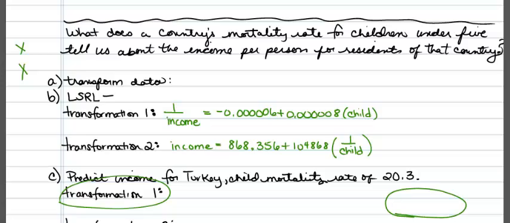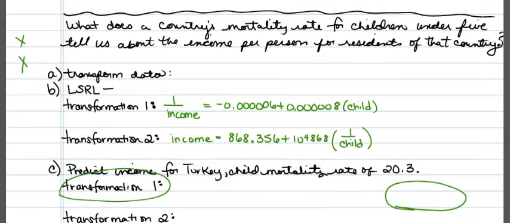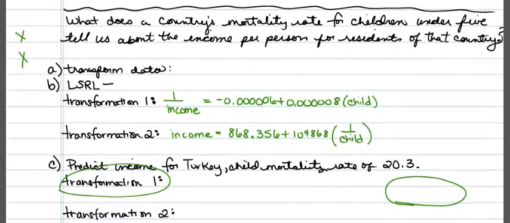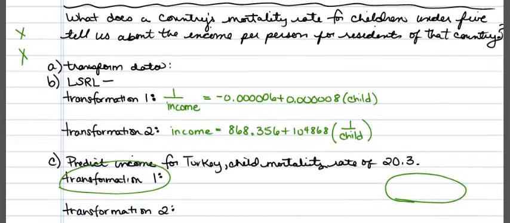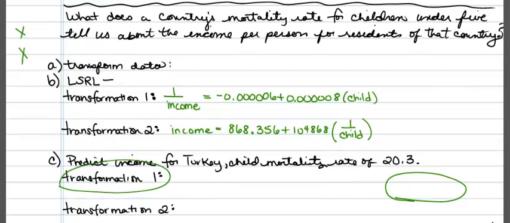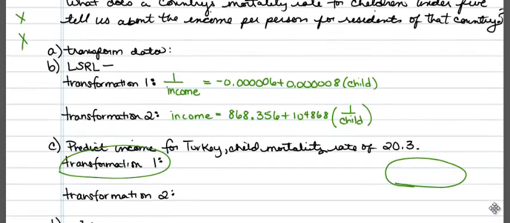So if we want to use these to predict 20.3, transformation number 1, we want to put in the mortality rate, the child mortality rate, as 20.3 and do some calculations.